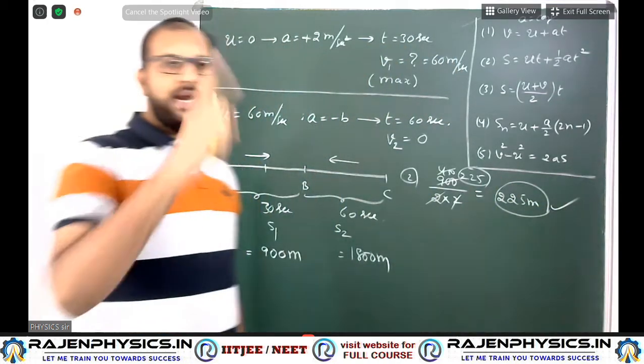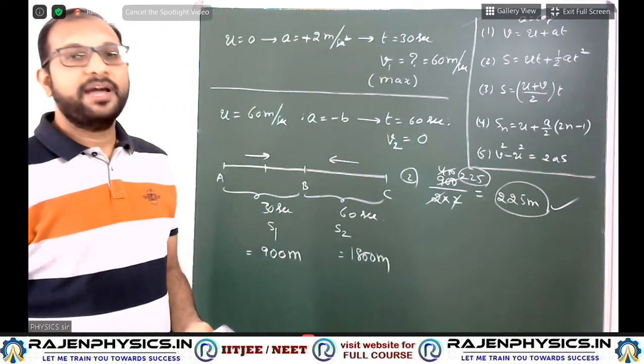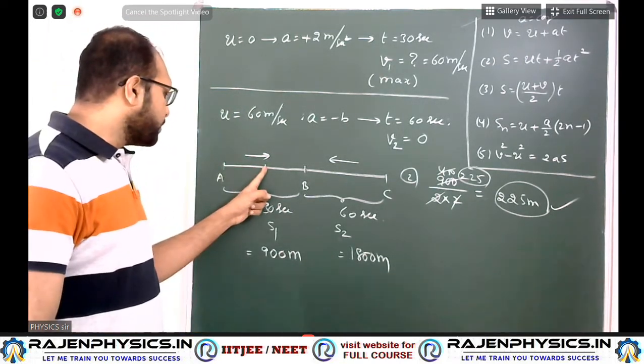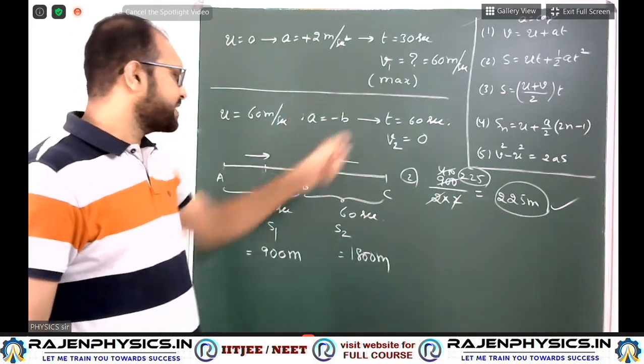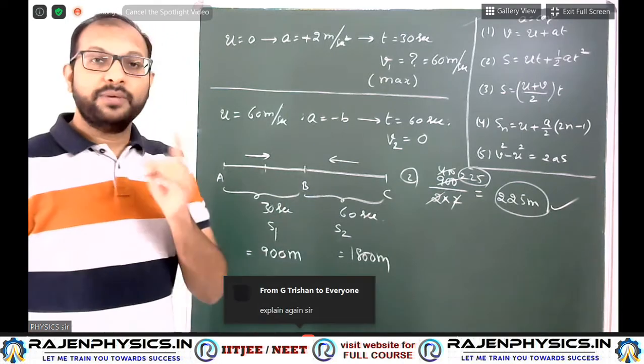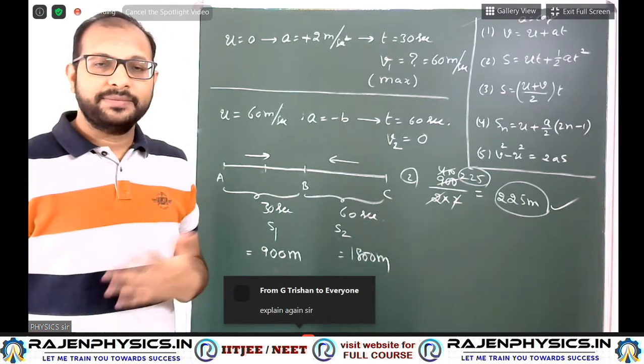Students, one answer came, that is 225 meters. So from here to here 225 meters, speed is exactly half of 60, that is 30. One question over, still one more question is there.